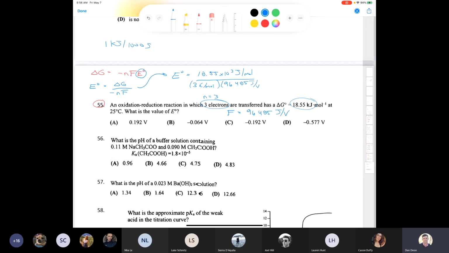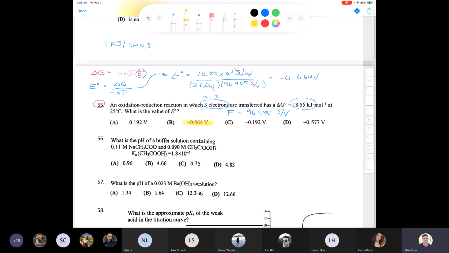Joules per volt. We see that joules cancel, as do moles, and we end up with volts for each electron. And so we end up with negative 0.064 volts. So it's just a matter of using the formula, plugging in the numbers, and being sure that you convert kilojoules into joules.